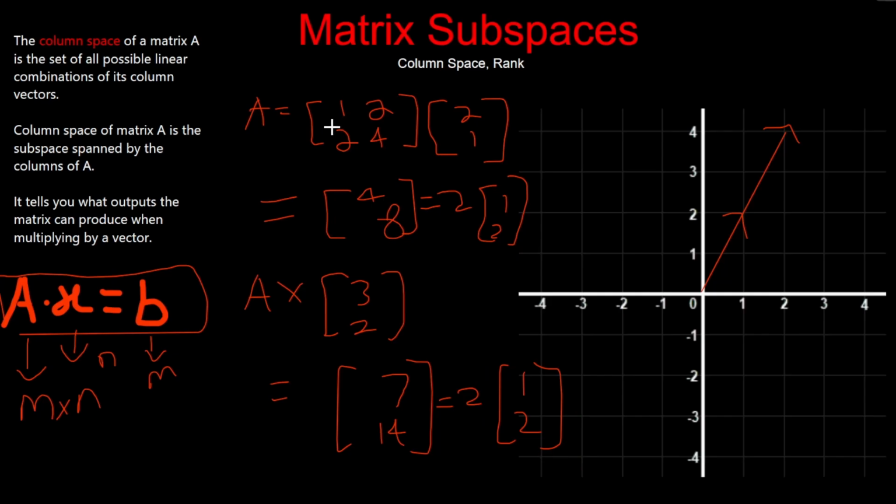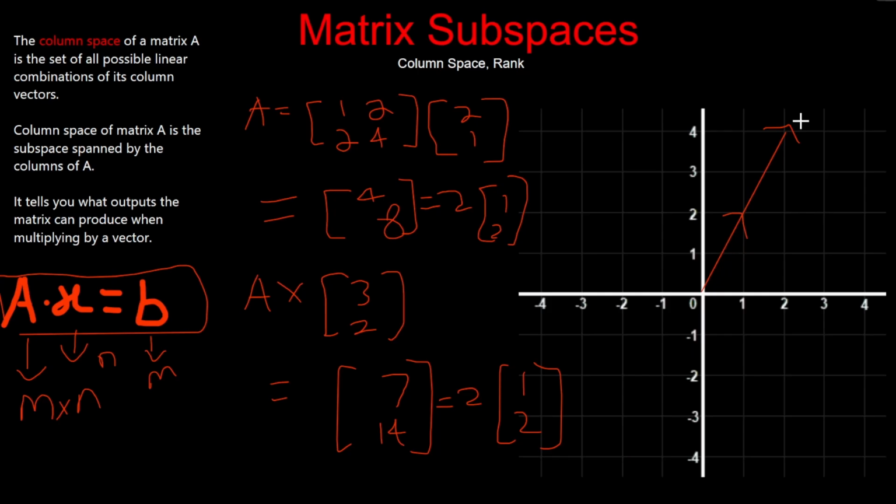If we see the columns of the matrix, they are linearly dependent, because if we multiply this by 2, we will get this one, which is why I represented it with the same line arrow. Due to that, all the vectors spanned by this matrix multiplication only lie on this line.